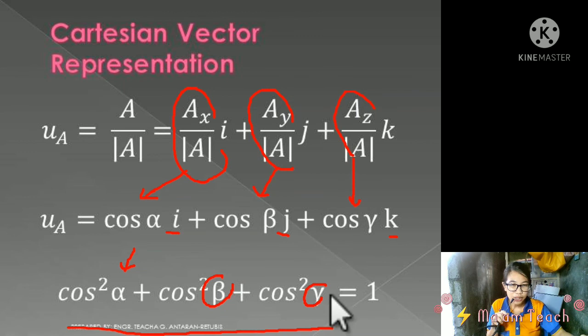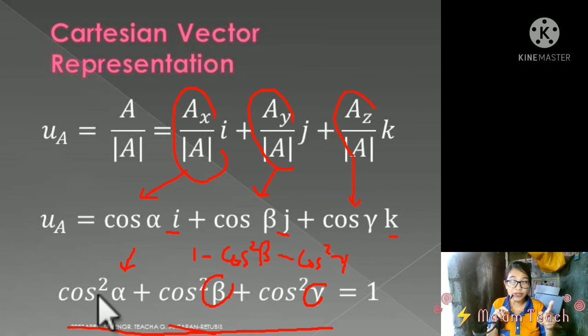How? You simply subtract. If you transpose this, what will happen is you have 1 minus cosine squared beta minus cosine squared gamma. And for you to get the value of alpha, since cosine squared alpha means cosine alpha and then squared, you have to get the square root of this and then get the arc cosine.